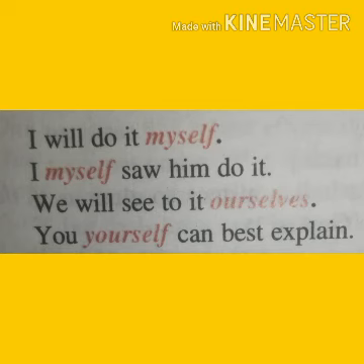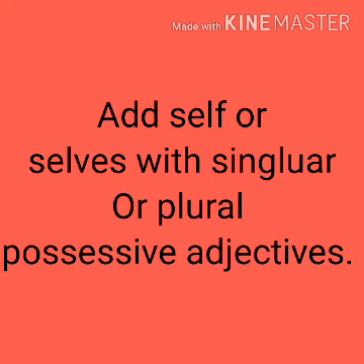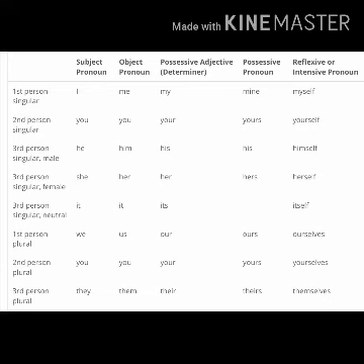Now you would be thinking how to create reflexive and emphatic pronouns. Children, it is very simple. We will use self or selves with singular and plural possessive adjectives. You could see in the table these are possessive adjectives.